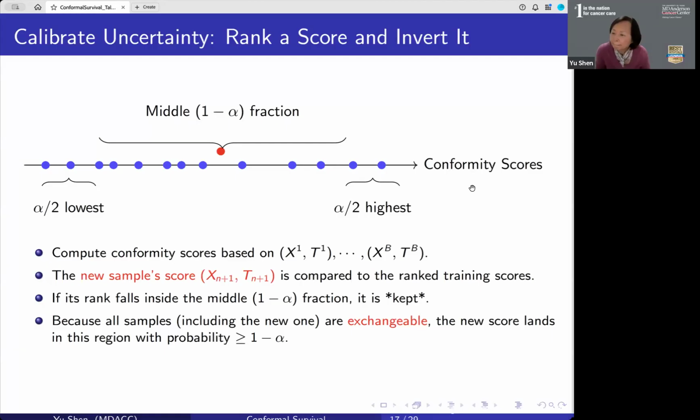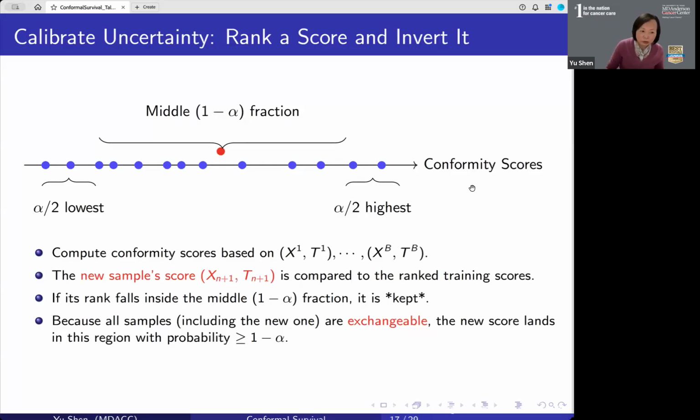But what happens if that particular working model is heavily misspecified? Is there a benefit to having something closer to the truth versus further from the truth? Of course, closer to the truth is always better. You will have a narrow predictive interval.